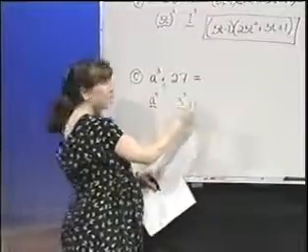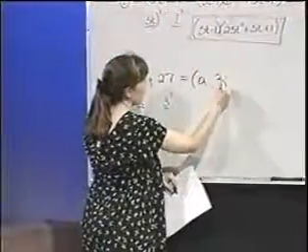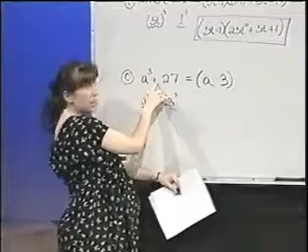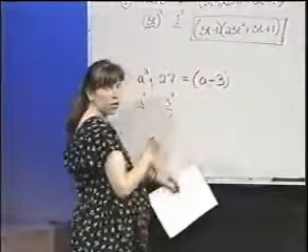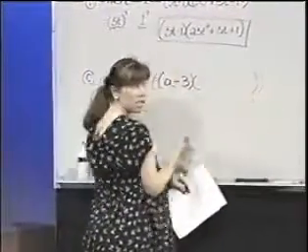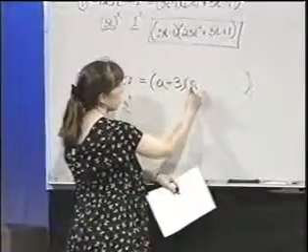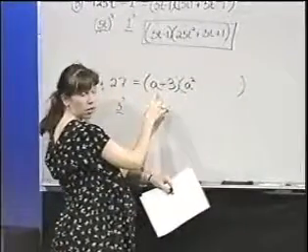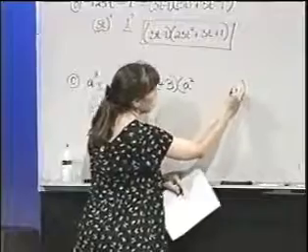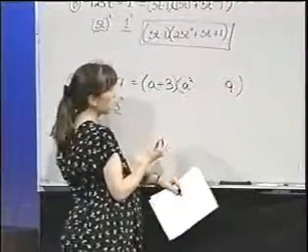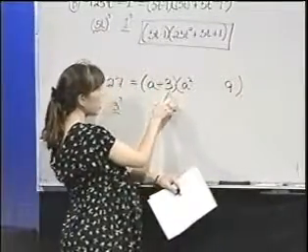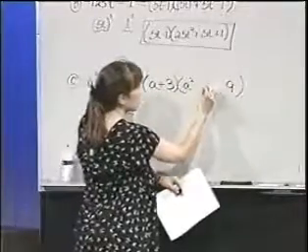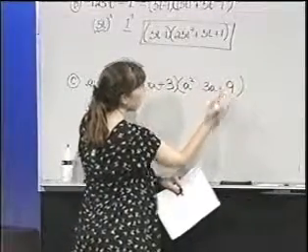Again, you take the a and the 3. But this time, there's a plus sign, so we have to put a plus here. Do the same thing we did before. Square the first term, square the last term, and in the middle, you take this times this, which is 3a.